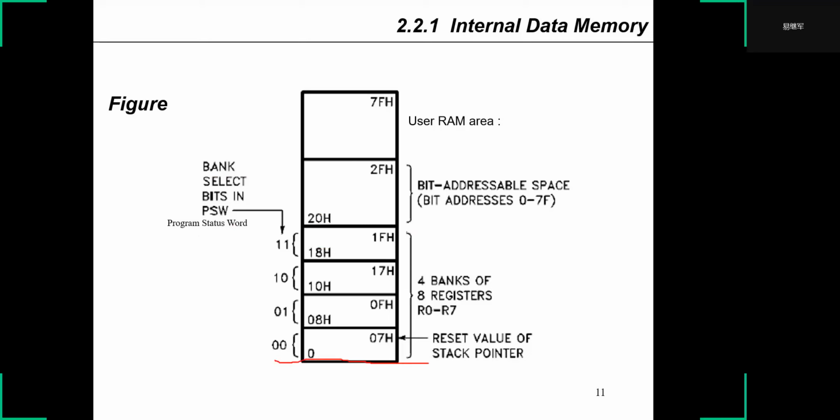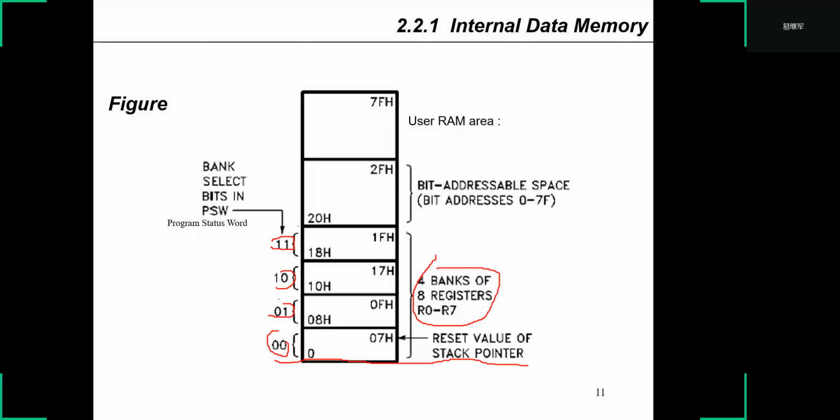The register bank includes the R0 to R7 registers. This is bank 0, bank 1, bank 2, bank 3. Here is for the register banks.